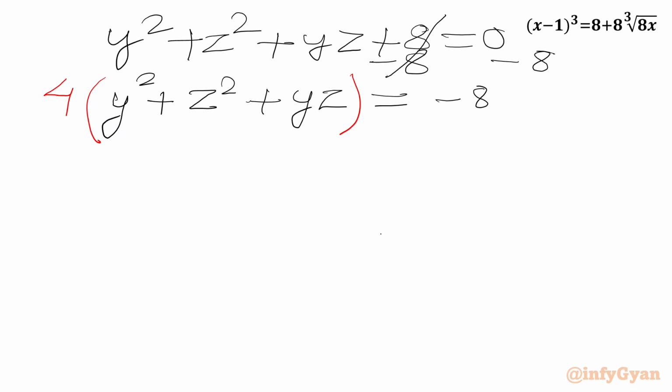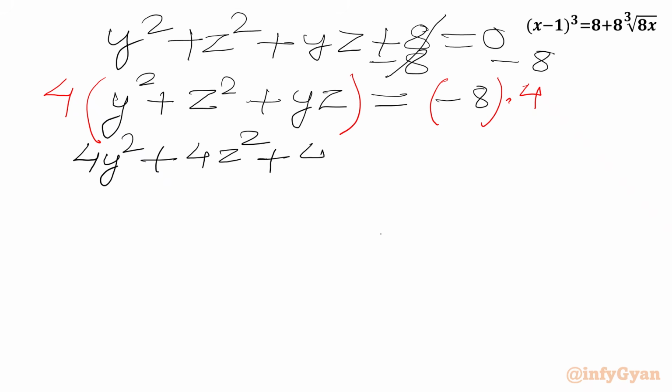So I will write here times 4, and this side also we will write times 4. Now we'll be simplifying the LHS and RHS. We will get 4y square plus 4z square plus 4yz equal to minus 32.